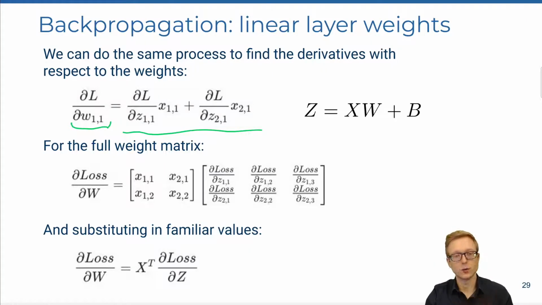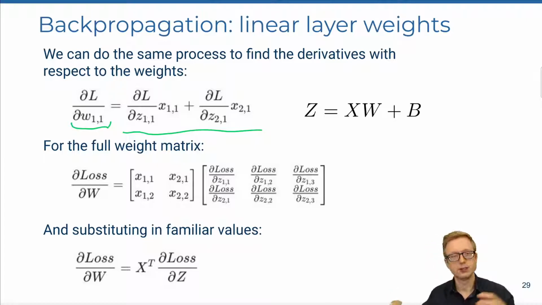One particular weight, in this case, affects two values in the output. One weight only affects one neuron, but because we have two data points in the batch, there are two values that are affected. So it's the same neuron for two different data points.